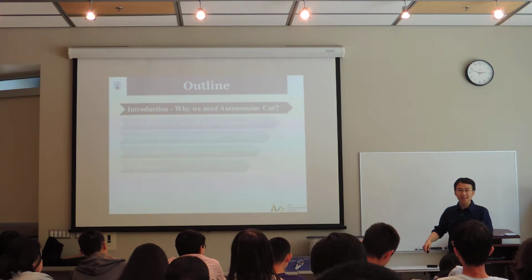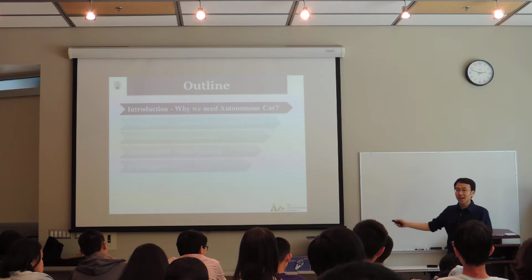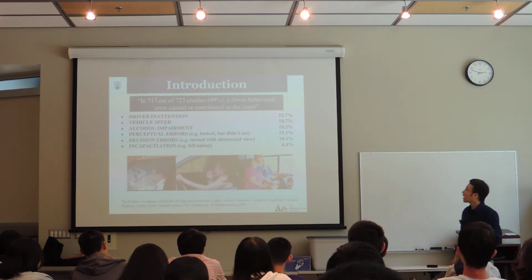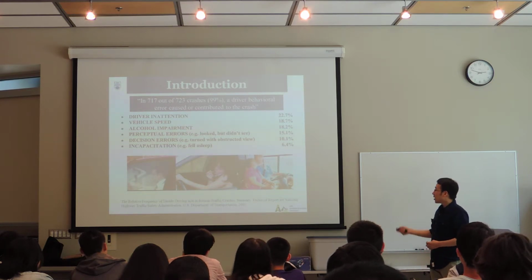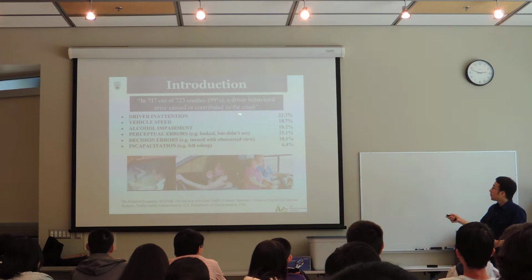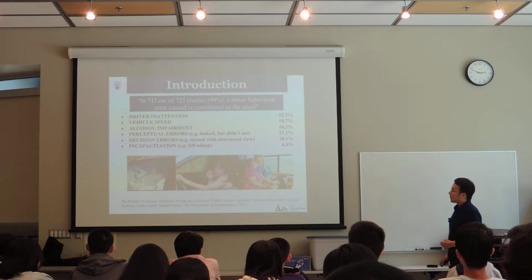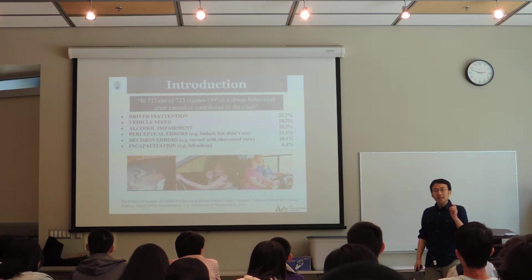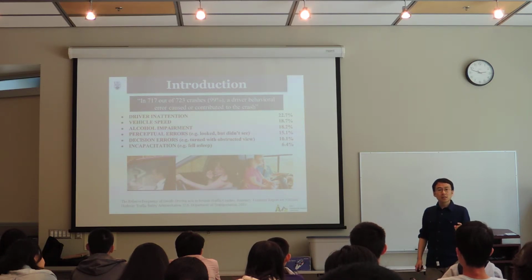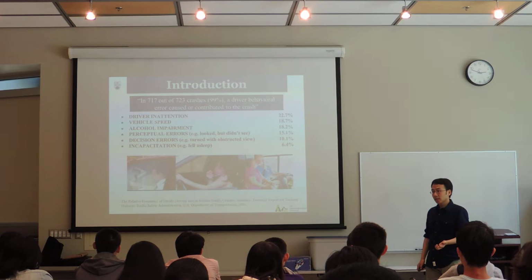Okay, why do we need autonomous cars? Here, I want to ask a question. I want to go directly to the data published by the U.S. Department of Transportation. From this data, we can see that 99% of accidents are caused by human mistakes.